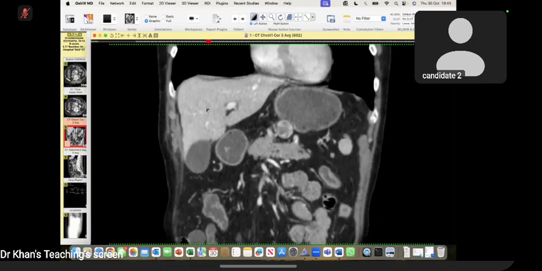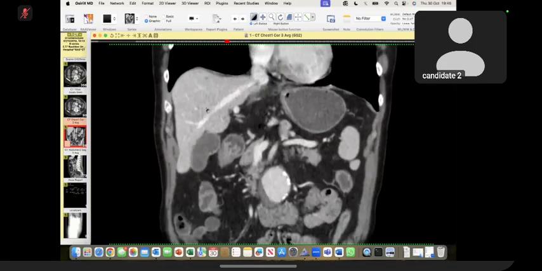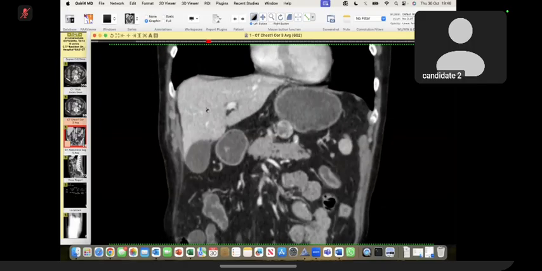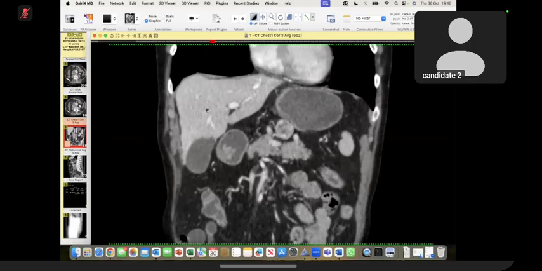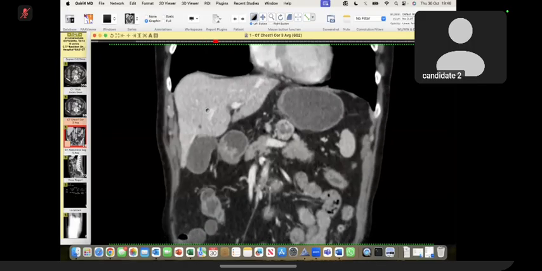To further confirm the neuroendocrine tumor, I would look at the other images, and I would also suggest further imaging, like nuclear medicine imaging, such as an octreotide scan, to further characterize this.